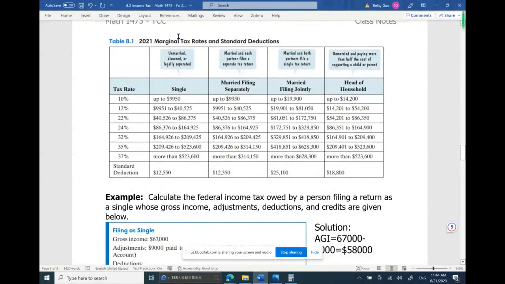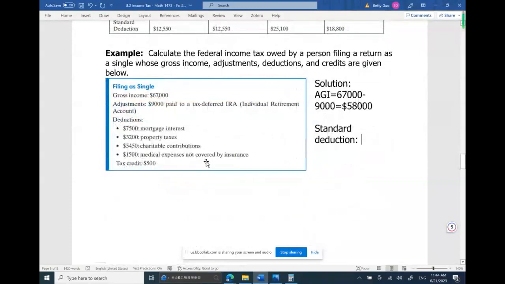Since he is single, we look at the first column and the last row. Standard deduction is $12,550. And then we need to calculate his itemized deduction.